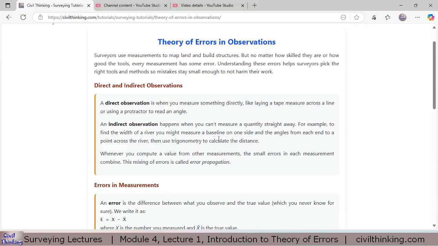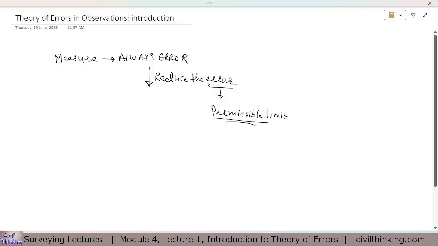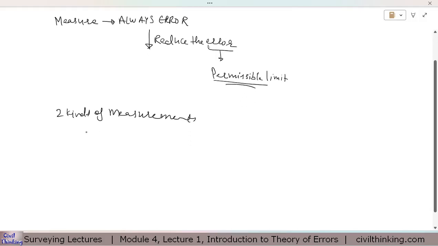So we have two kinds of measurements: one is direct measurement, and the second is indirect measurement.